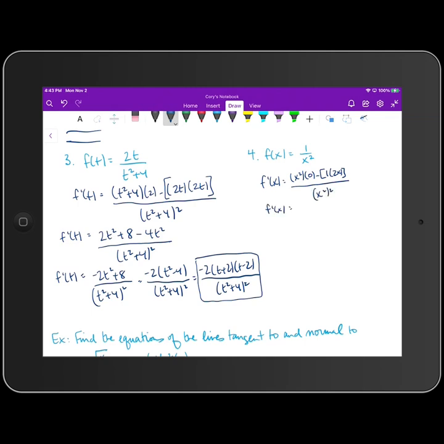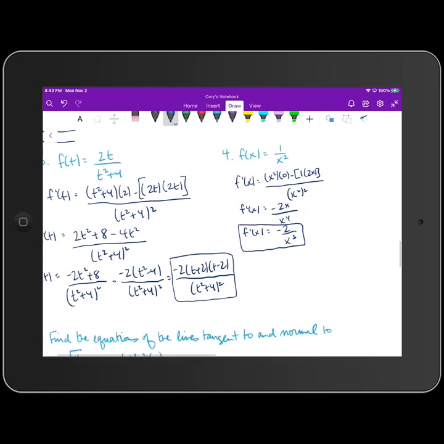So that's going to make f prime become negative 2x over x squared squared, which is x to the 4th power. And then we can cancel a factor of x in the numerator and denominator. So that's going to simplify to negative 2 over x cubed.